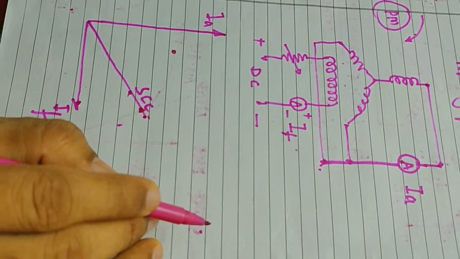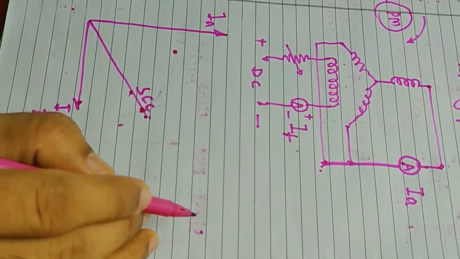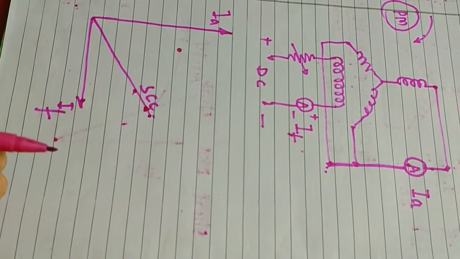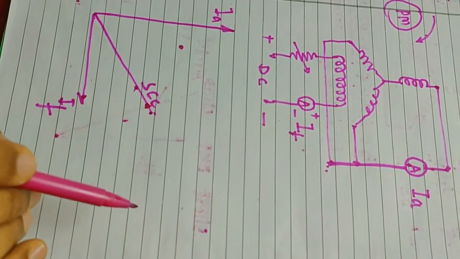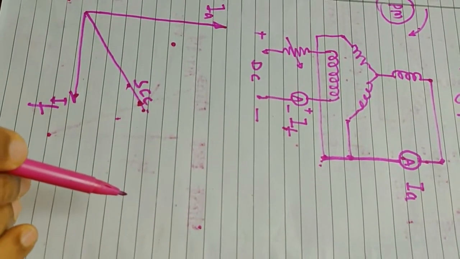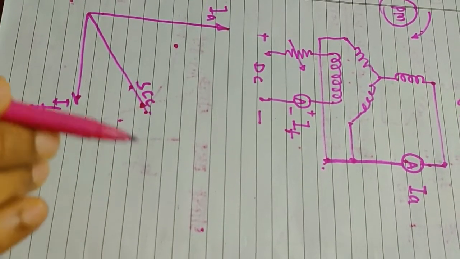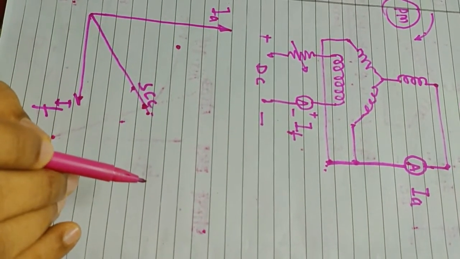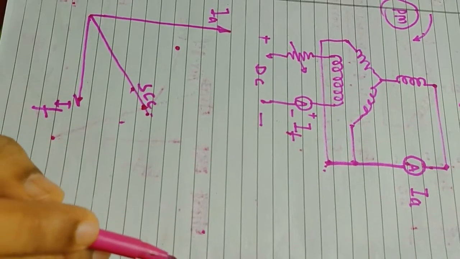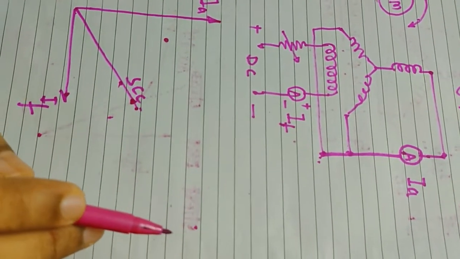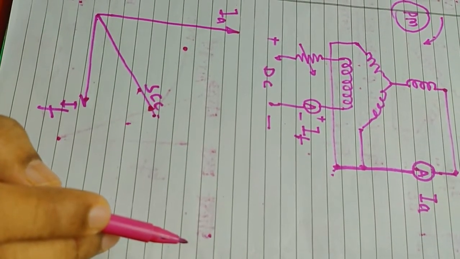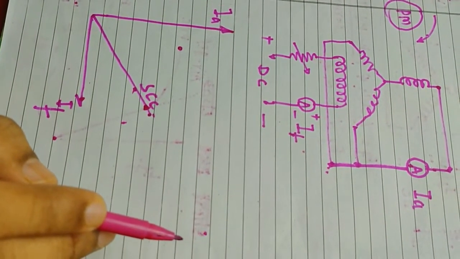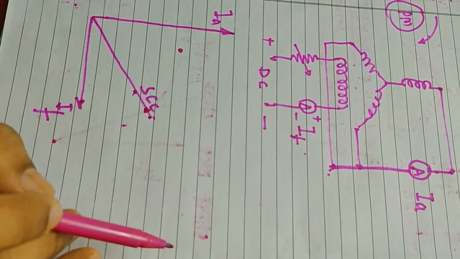If the short circuit test is conducted beyond the rated current, there will be overheating of the armature winding and more I square R loss. We can conduct the short circuit test up to 125% of the rated armature current.